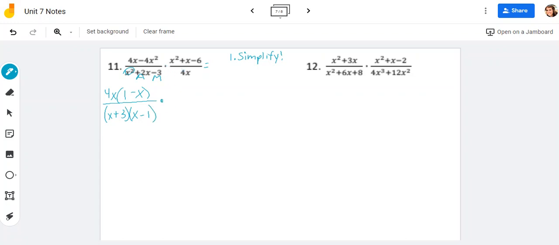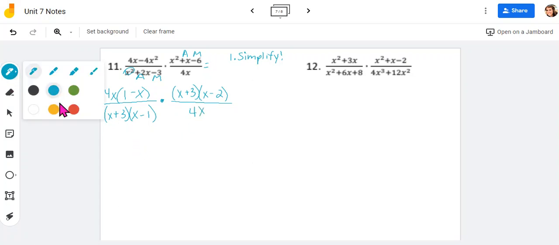And then I'm just going to copy down my multiply sign and then do the same thing with the other fraction. So again, I've got a trinomial up top, so numbers that multiply to -6 but add to +1. So in that case, I'm going to choose x plus 3 and x minus 2. And then the denominator here of 4x, I don't think there's anything I can do there.